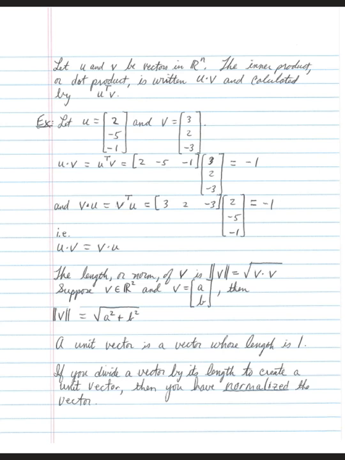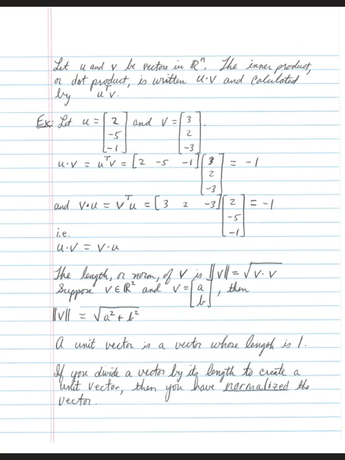The length or norm of vector V is written with a set of double bars, and it is the square root of V dot V. Now, it's easier to look at it this way, so let's take just some general vector V in R2, and we'll just call it (a, b).